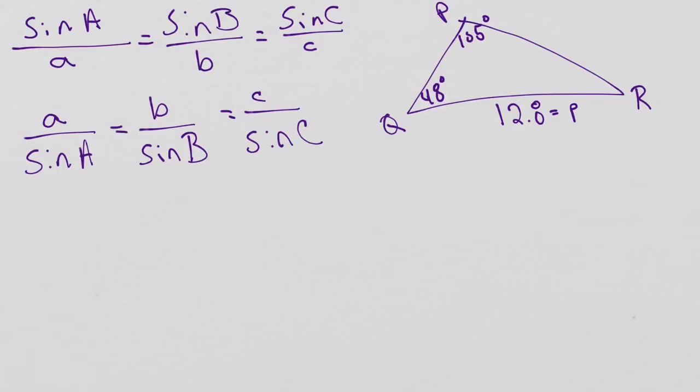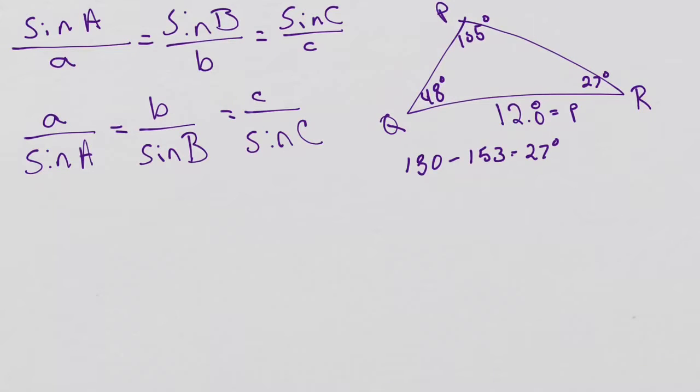So the best way to do this is add up 48 and 105, and that's going to give you 153. Then you do 180 minus 153, which will give you a grand total of 27 degrees. So we know this angle is 27 degrees.